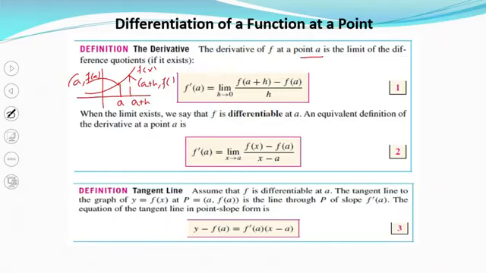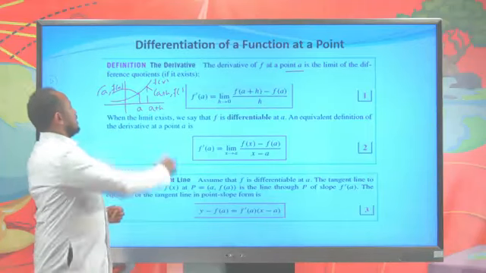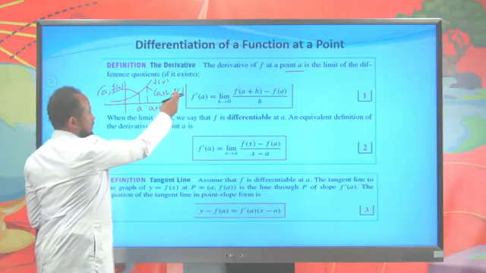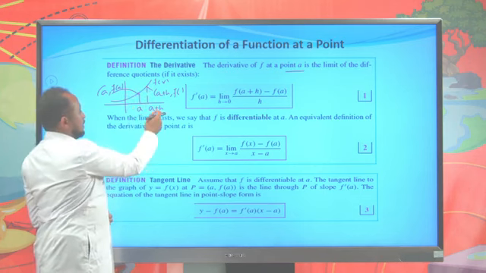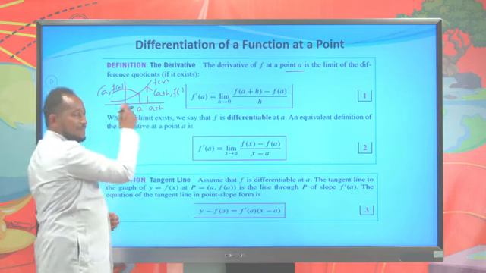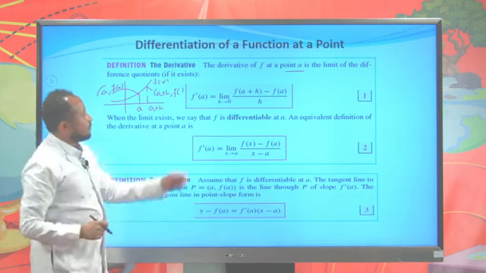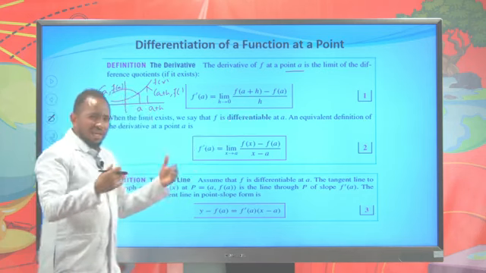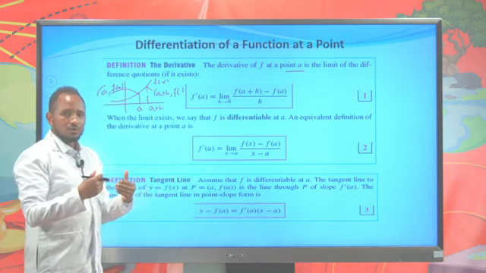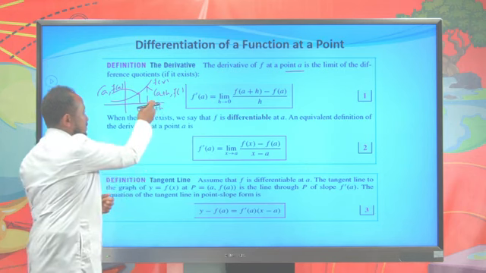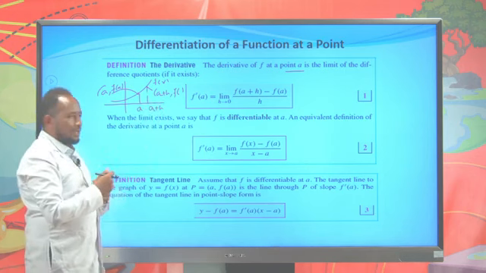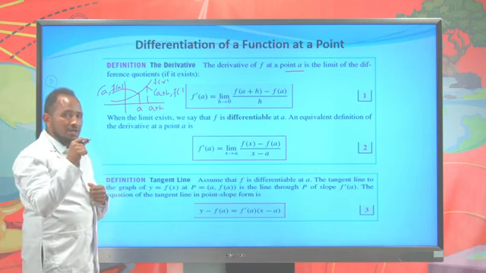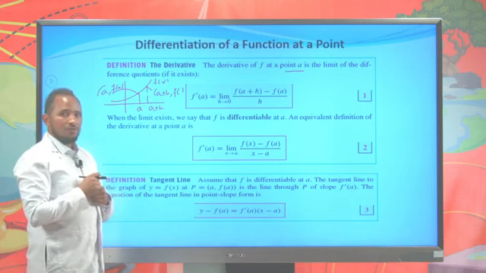So the derivative of this function at point A, you simply take the slope: f of a plus h minus f of a, divided by the difference of the two, a plus h minus a. So you get this result. When h is very close to 0, these two numbers are closer, and in that case you will find the derivative of the function at that point.